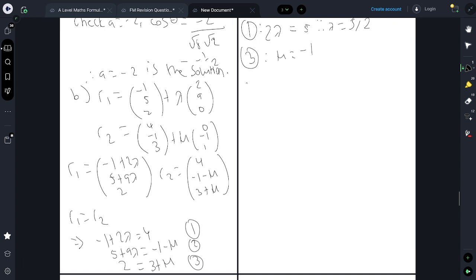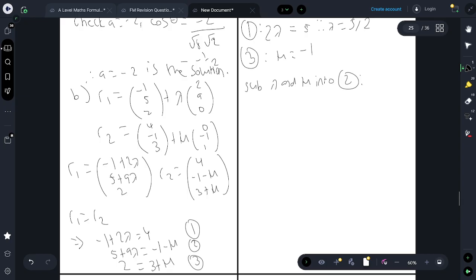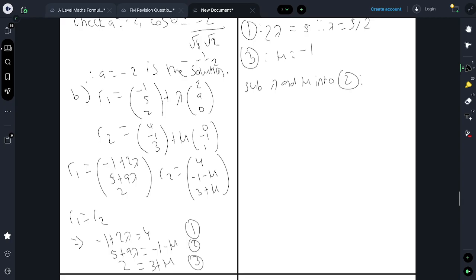And then sub lambda and mu into 2. Obviously you can get a solution for lambda and mu using 2 equations, but we need to make sure the third equation is also correct for these values. If it is correct, then they do intersect, if they're consistent.